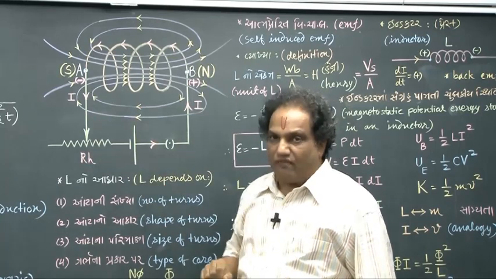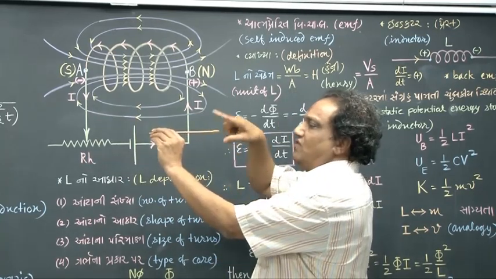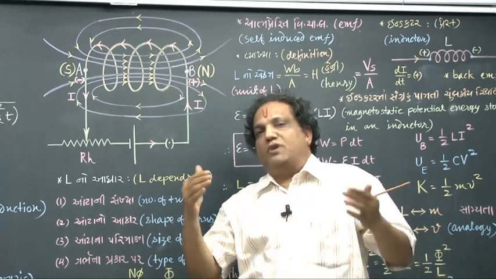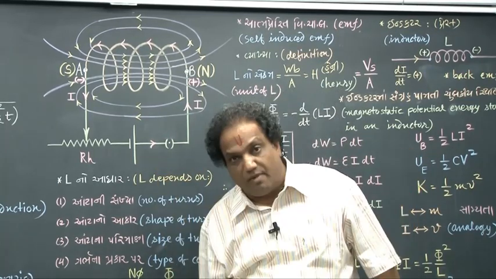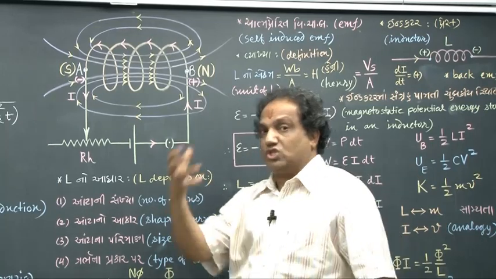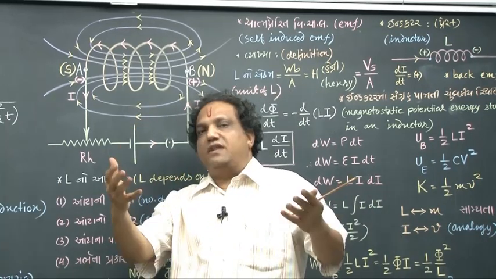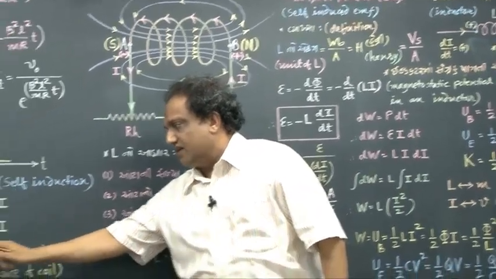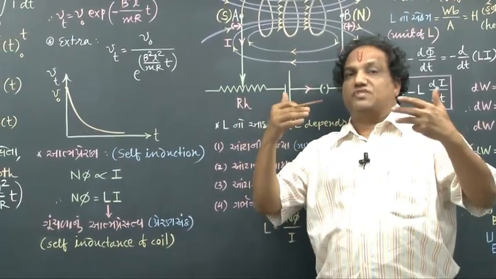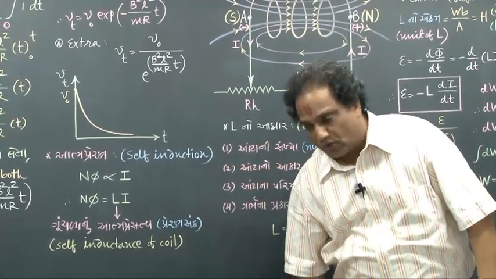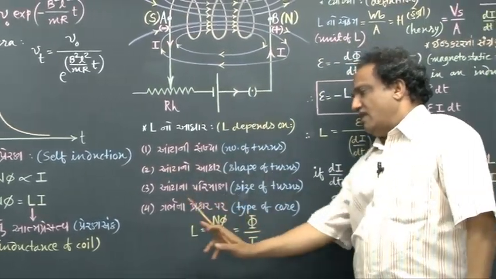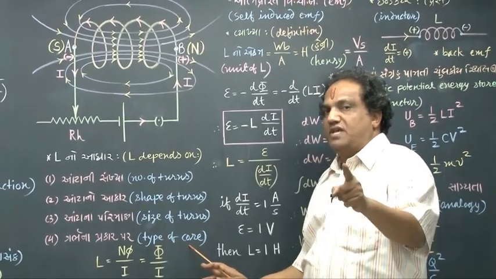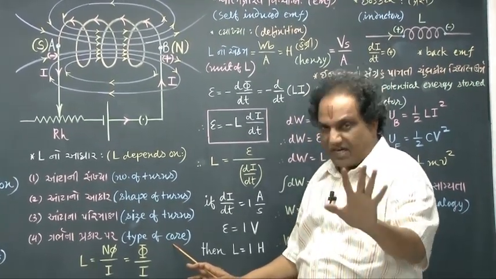But instead of air or vacuum, if you wind the turns of a coil on a soft iron insulated cylinder, then because of its very high permeability, it has a very strong magnetic field inside. It has a very great value of magnetic flux, and because this magnetic flux is more, the value of self-inductance is also more. So I tell you that the value of L depends also on the type of core medium. Core medium means the medium present at the center.